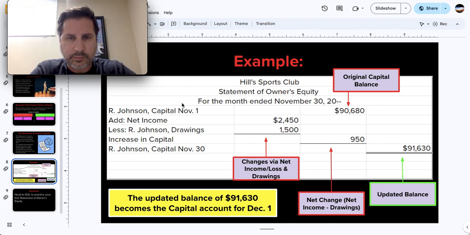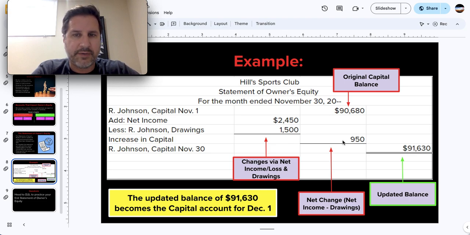So if you look here, the owner had a capital of $90,680 at the beginning of the month. During that month, they made $2,450 in net income, and they also drew or withdrew $1,500. So if we take that $2,450 minus the $1,500, it means our equity is going to go up by $950.